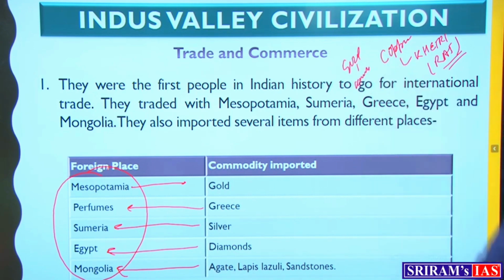These are areas outside the zone of the Indus Valley, not part of it. In Rajasthan only a few sites are considered part of the Indus Valley. So copper from Khetri, Rajasthan, and gold from Karnataka, and also gold from Mesopotamia.